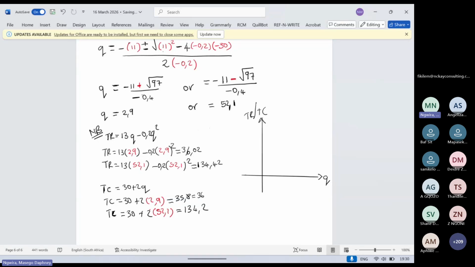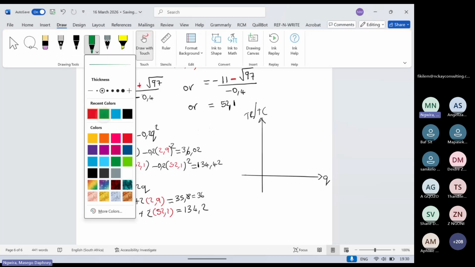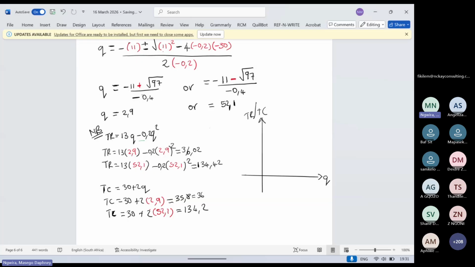All right. So when you draw the graph, because this is negative, it means that it's going to be facing down. So it's going to look something like this. It's just a rough sketch. The maximum and the whatnot, we know how we get that. But these two points are where your graphs are going to touch each other.